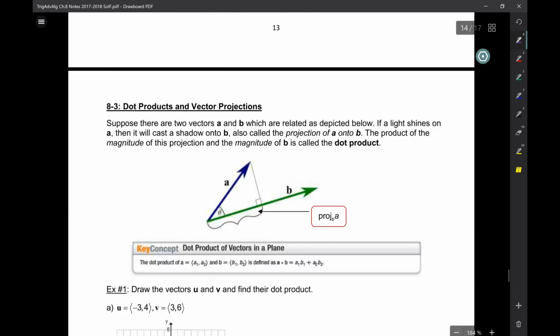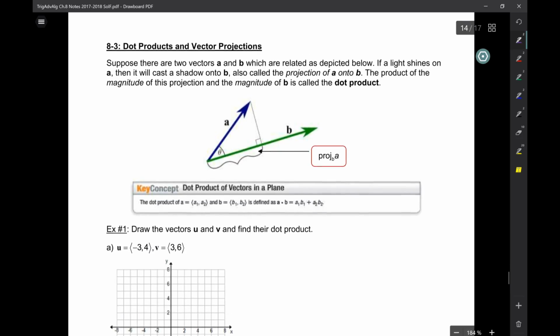All right, so we finished 8.2, and 8.3 talks about what we call dot products and vector projections, okay? The mathematics of it is actually rather straightforward, but conceptually, let's talk about what it means.